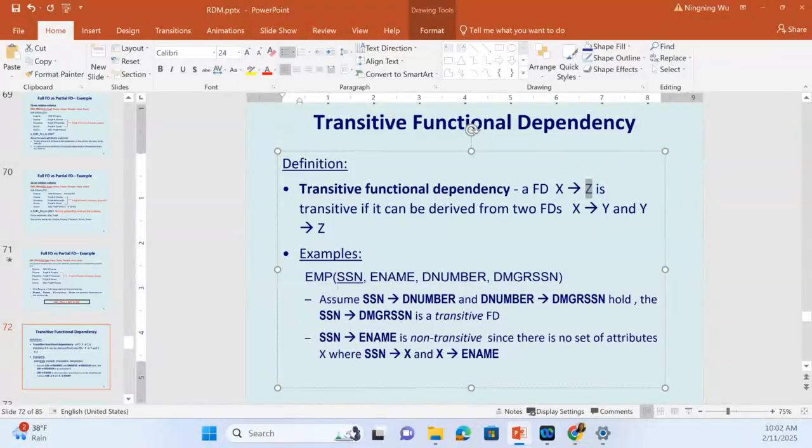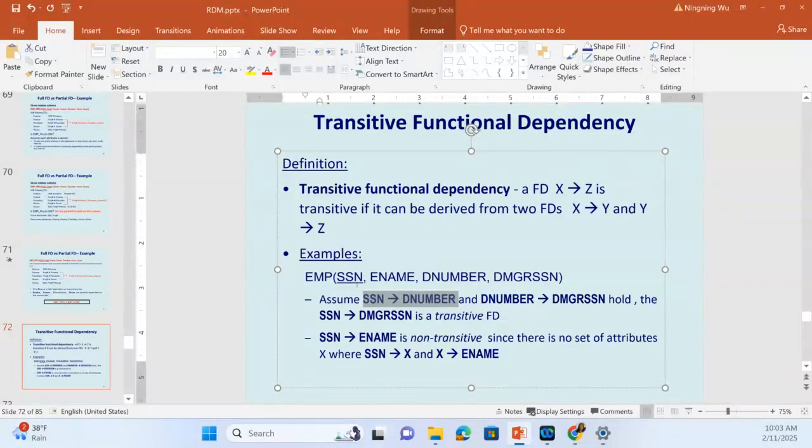So here, let's see some examples. Assume we have a relation schema EMP. SSN is the primary key. It also has ename, dnumber, and mgr SSN. SSN determines dnumber, and that's considered a default functional dependency because SSN is the primary key of this relation schema.